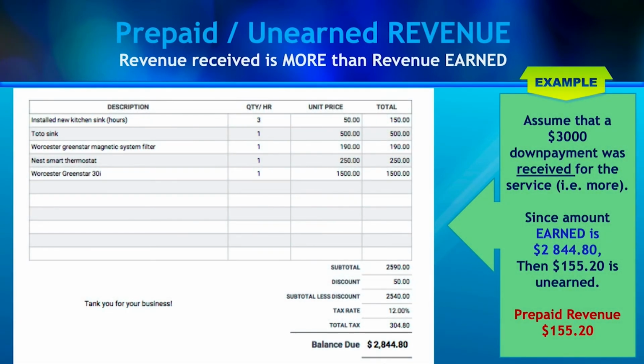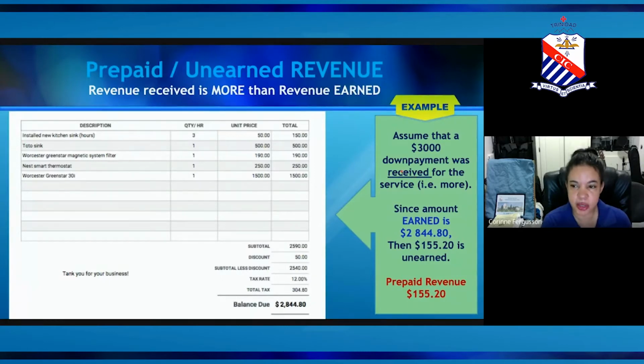So in our example here, it still remains we earned $2,844. In this case, we received a $3,000 down payment. So we're going to assume that before we came in and we did the work, they gave us $3,000. And then when we came in and we did the work, we actually only did $2,844 worth of work at that point in time, right, for this bill.